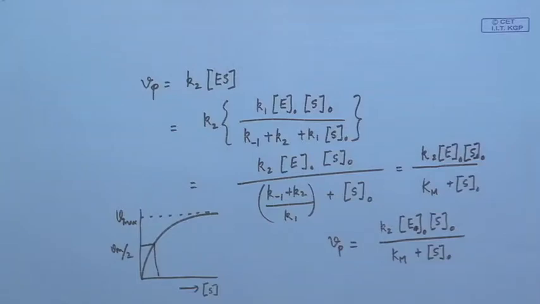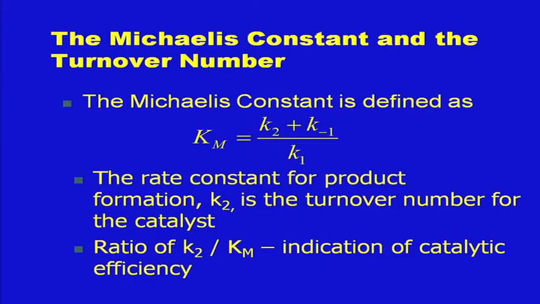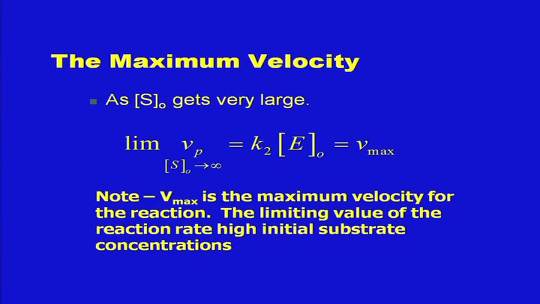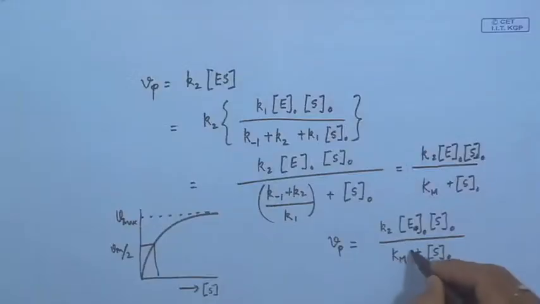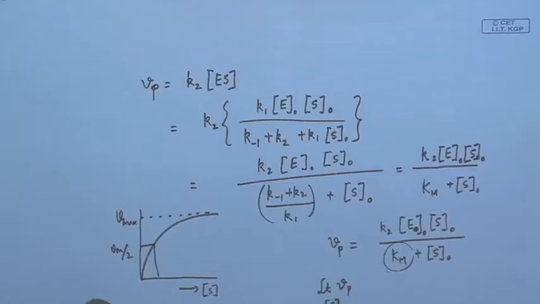Now, if your substrate concentration is very high, then what is going to happen? You can neglect this Km compared to S0. Therefore, this equation reduces to Vp, when substrate concentration S0 is very high, then this equation becomes K2 into E0.